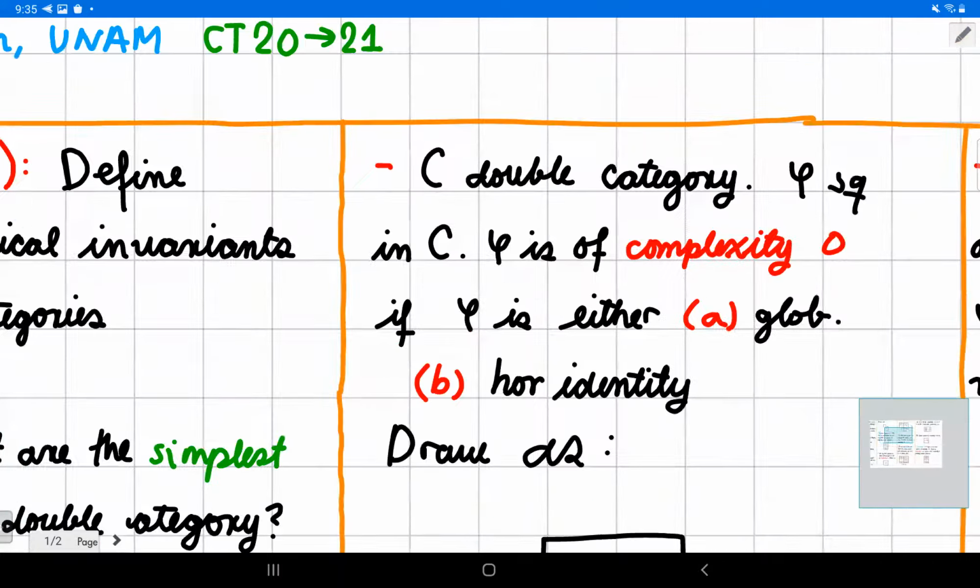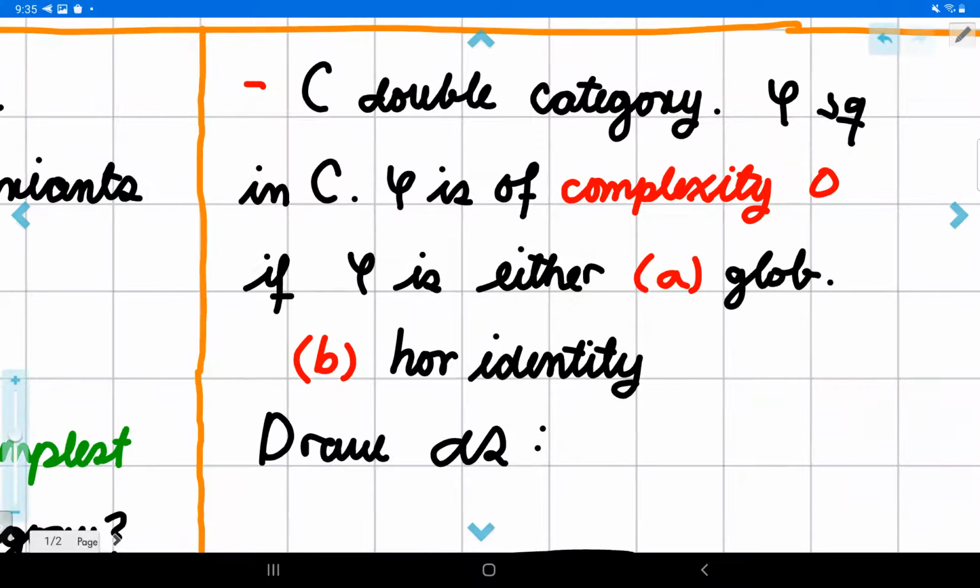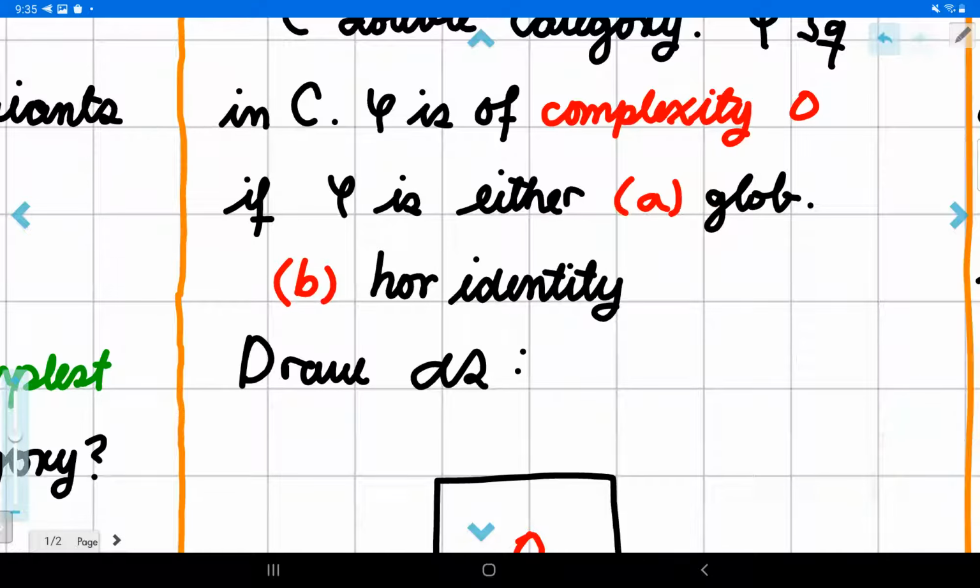Okay, well, with this assumption here, I will define numerical invariance for general double categories. I'll start by defining numerical invariance to certain squares in general double categories. So suppose C is a double category, let phi be a square in C. Then we'll say that phi is of complexity 0 if we know everything we need to know about phi.